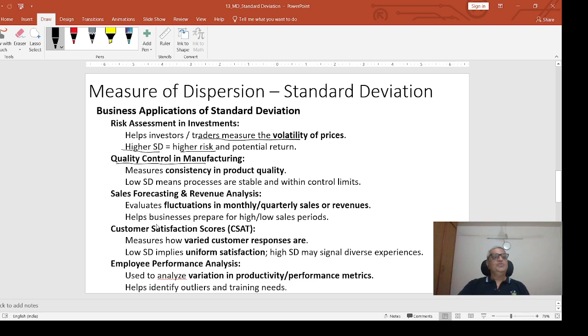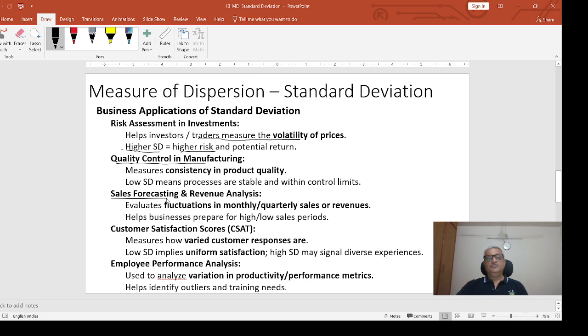From the quality control perspective, right? If the quality measures are giving high standard deviation, which means my process to manufacture the product is not stable, or there are some issues. But if standard deviation is within the limits, then we can easily assume that the process is stable and the quality which is churned out is pretty good.